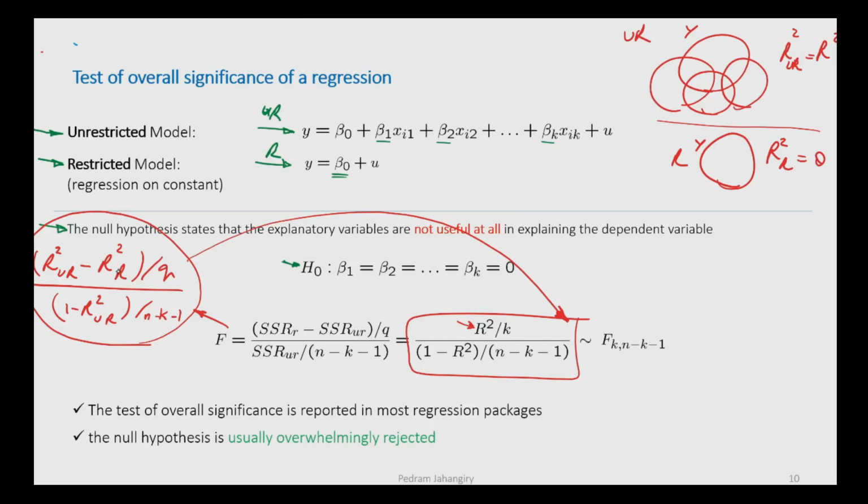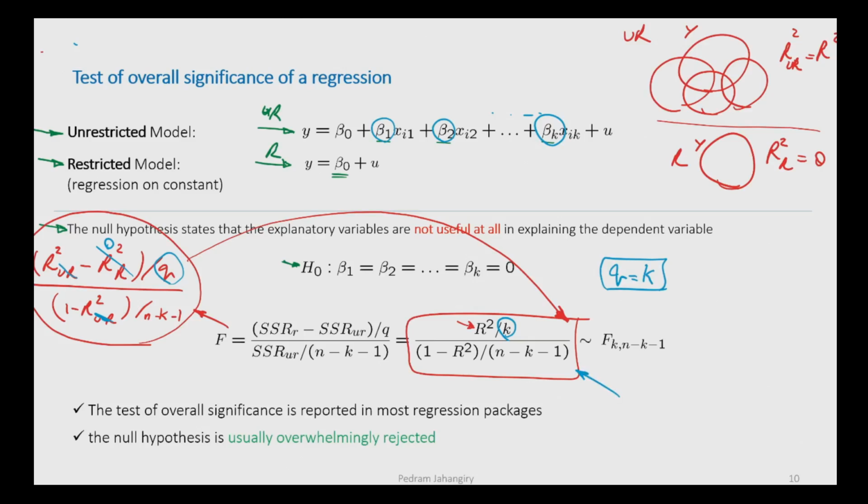R squared of the restricted model is 0. R squared of the unrestricted model is equal to R squared. So the only difference is, how come this Q is equal to K? Think about it. Q is the number of restrictions. How many restrictions do I have? 1, 2, up to K. So Q is going to be equal to K. So this is how we derive the R squared version of the overall significance using this formula.